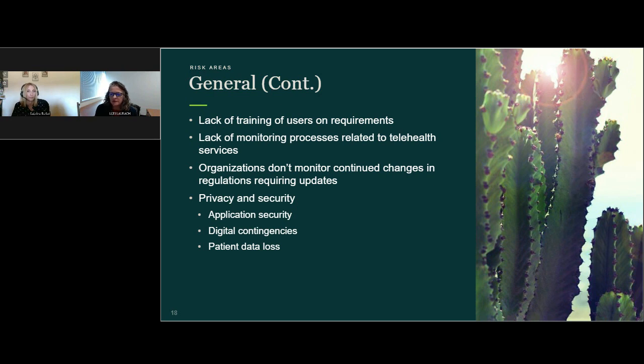We want to make sure that there's monitoring processes around telehealth. It doesn't mean that you necessarily have to do 100% unless your system doesn't have the right edits or monitoring features in it. I've seen some organizations do 100% because they don't have the right controls, or the system doesn't have enough controls for you to do the actual work queues and things like that.